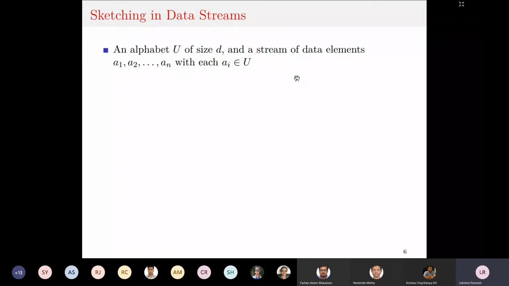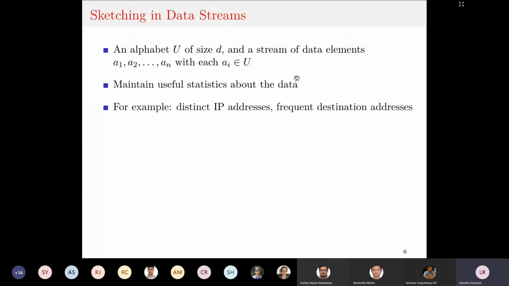And what you would like to do is to maintain some useful statistics about this data stream. For example, if this stream is a stream of packets that you see in a network, then you would like to count, let's say, the distinct number of IP addresses that you have seen so far, or you would like to determine which is the most frequent destination address or something like that.